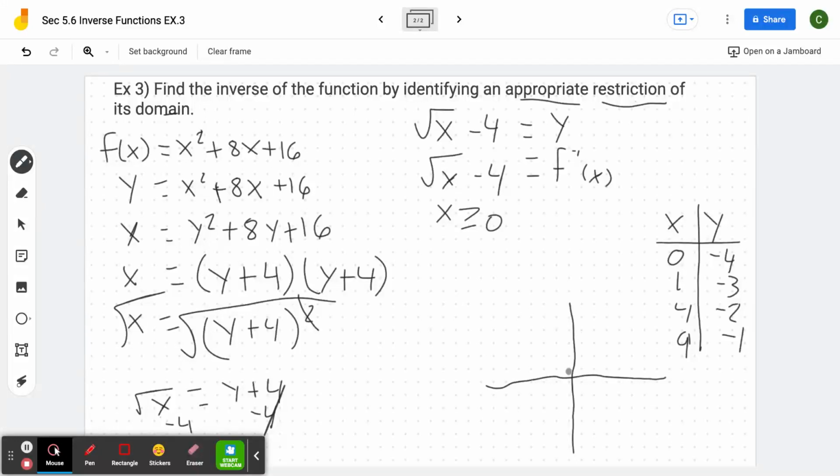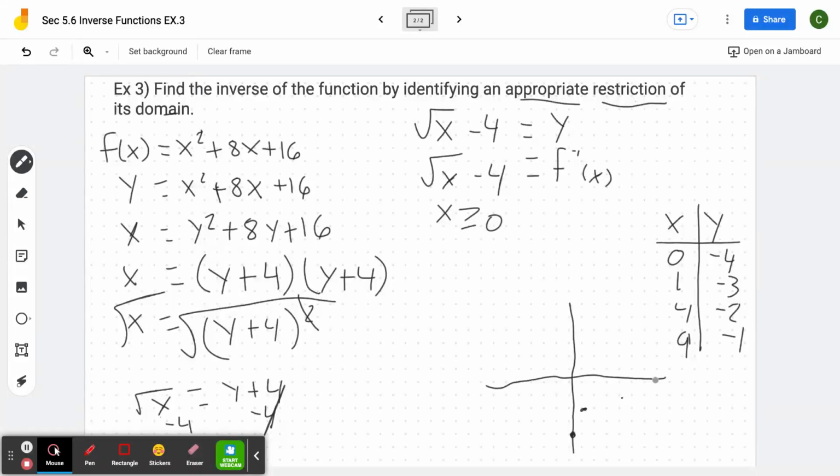And so 0, negative 4. So if this is my line here, 1, 2, 3, 4, 0, negative 4, 1, negative 3, negative 3 is right here, 4, negative 2, and 9, negative 1.